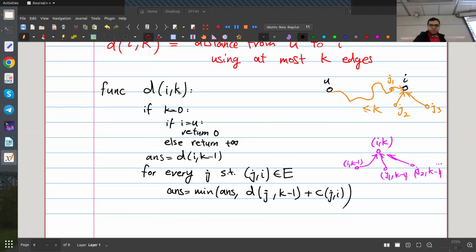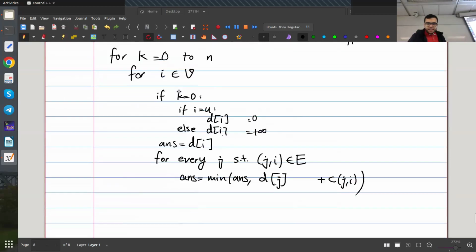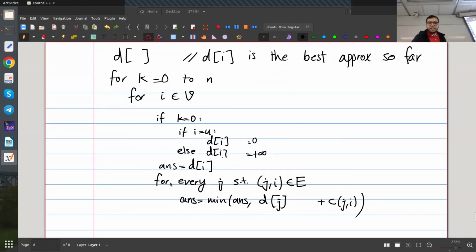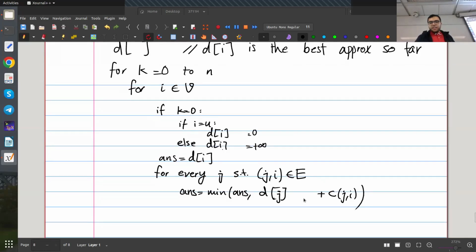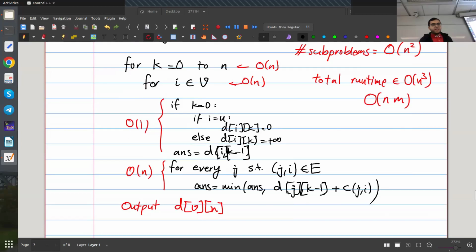So if that's the case, then whatever I'm calculating here is going to be less than or equal to the distances that I calculated in the previous algorithm, right? Because previously, when I got here, I was looking at the distance of j with at most k minus 1 steps. But now I'm looking at the distance to j, and maybe it's the distance to j with k minus 1 steps, maybe it's with k steps, right? Because I'm not keeping track of the last index. Anyway, whatever I'm looking at here is smaller than or equal to what it was here.